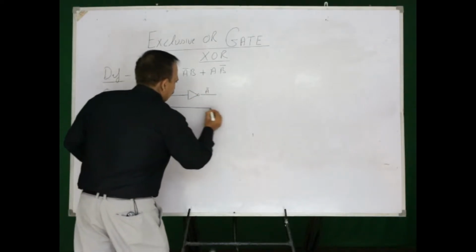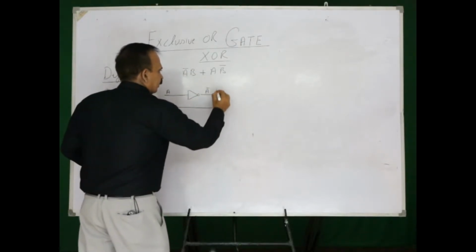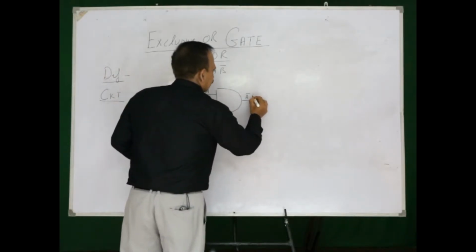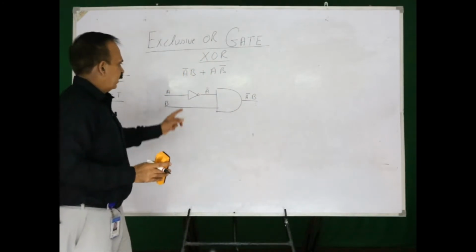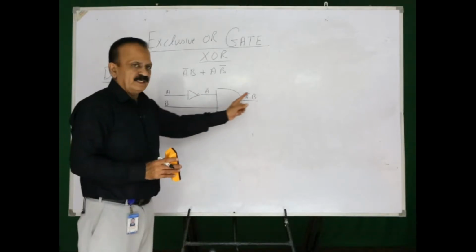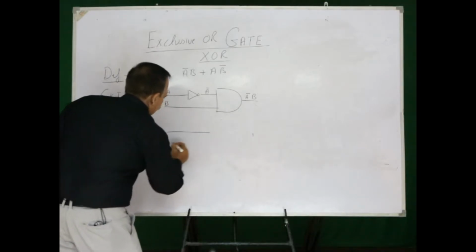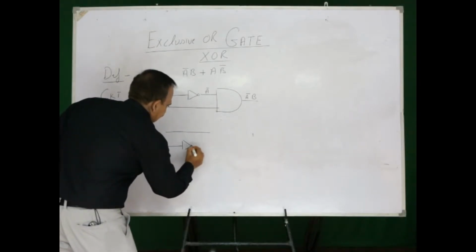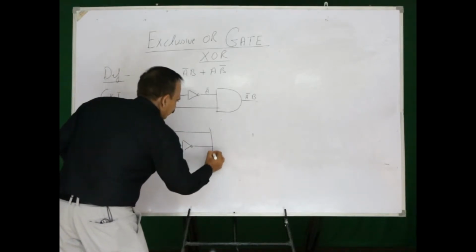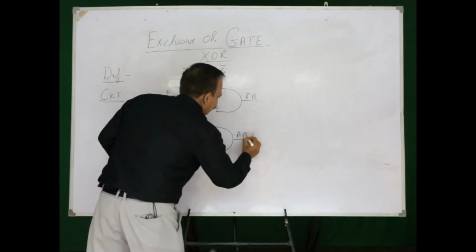The other input is B, and with an AND gate these two will be multiplied, and the output of this AND gate will be A bar B. Another one: this is A and the second input is B bar, and with an AND gate this will be A B bar.